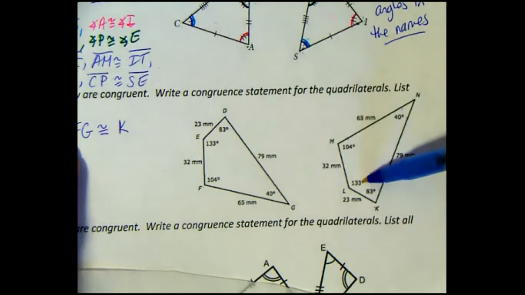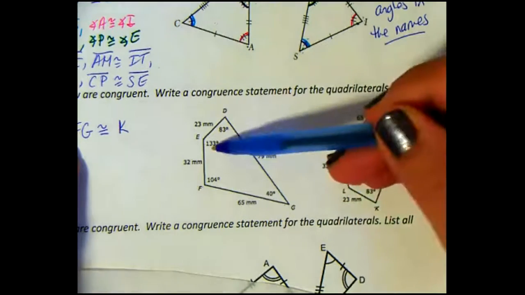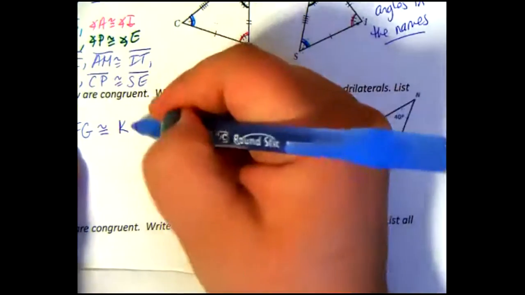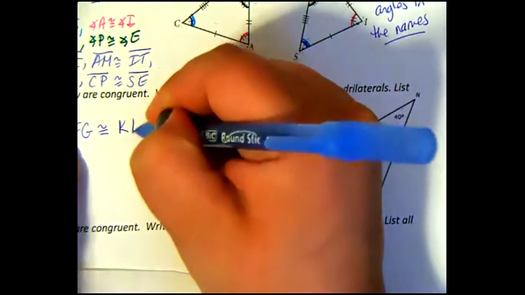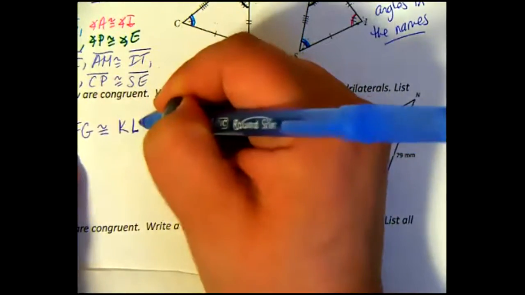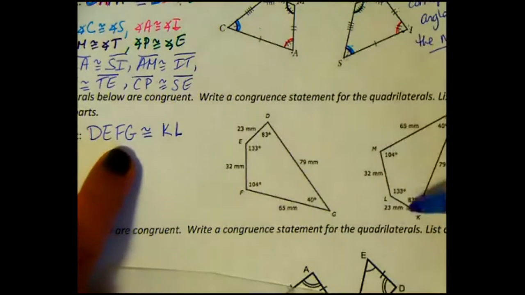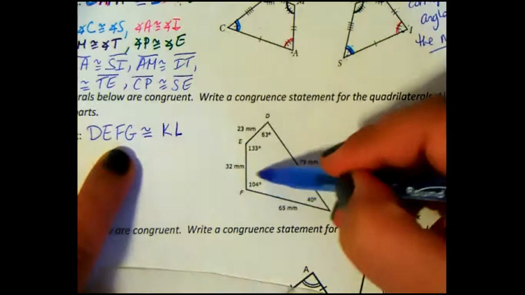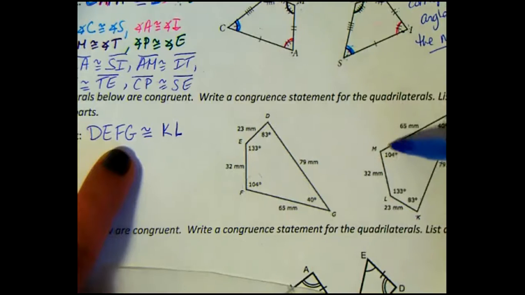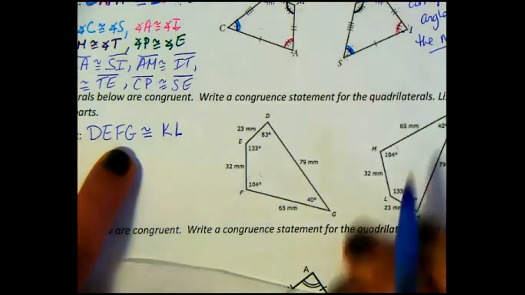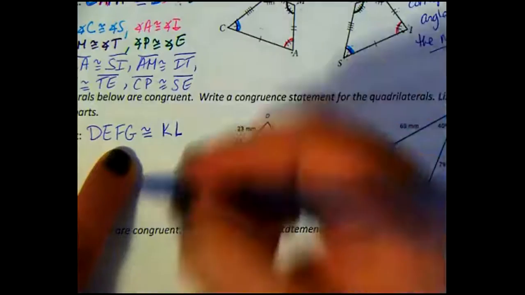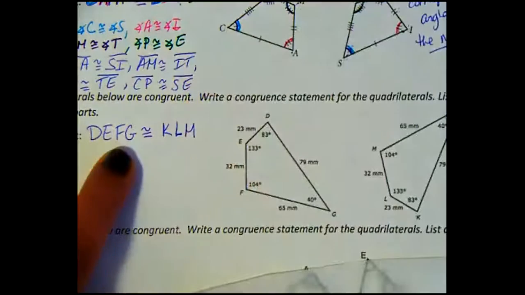You see that? So they're congruent. It's also telling me that they're congruent corresponding angles. So I will need to have L here because L is corresponding with E. Okay. F is my third one here, and F is 104, and here's 104 with M. And similarly in my figure here, I had F and M.